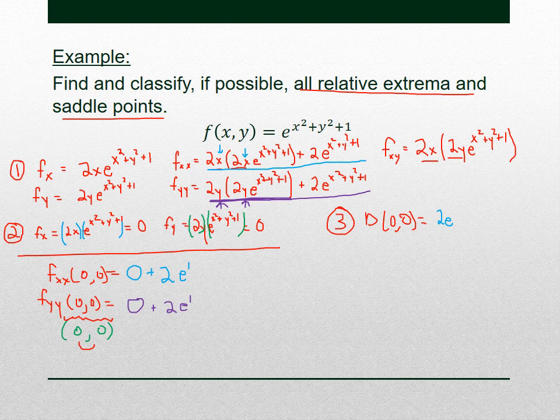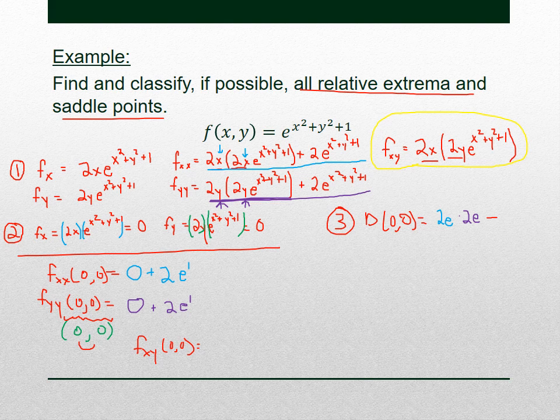All right, how about fyy of (0, 0)? Well, that's going to be very similar. For fyy of (0, 0), we're going to this equation here, and we're plugging in x and y equal to 0. But this y, both of them, are going to make that whole term, just like the other guy, die.